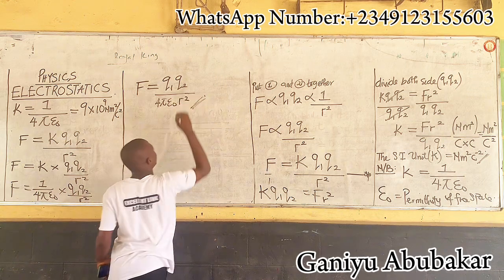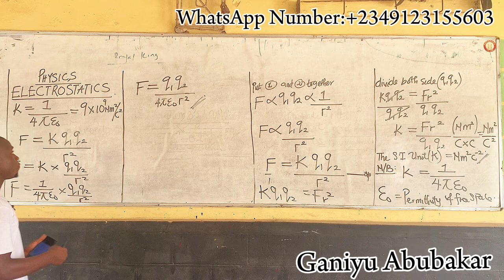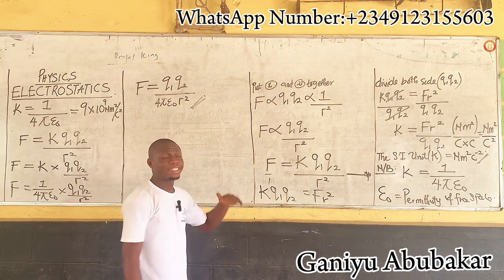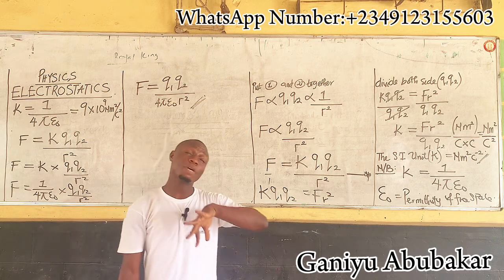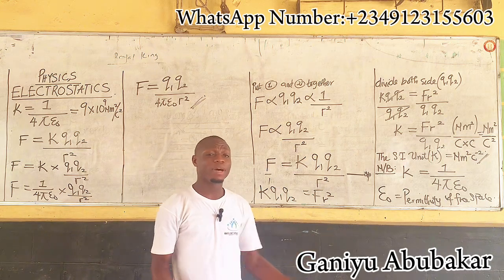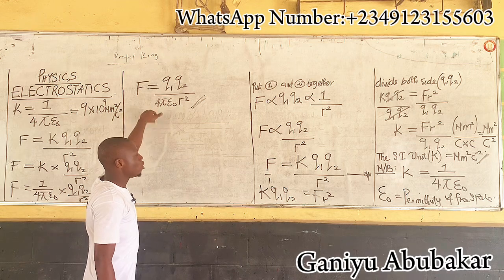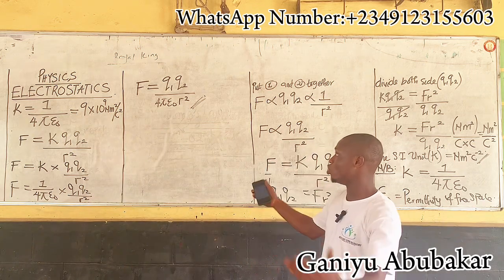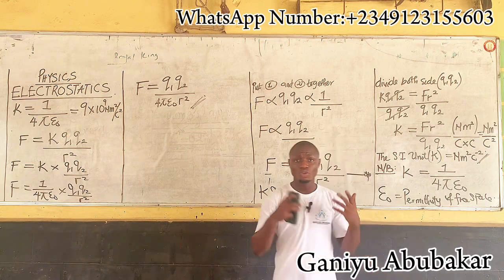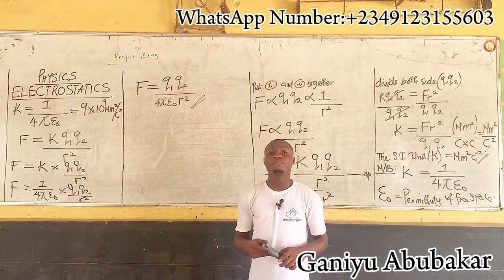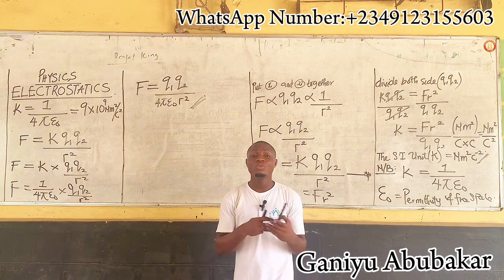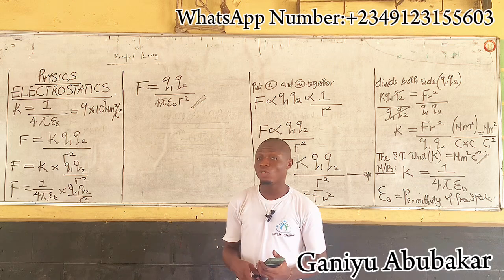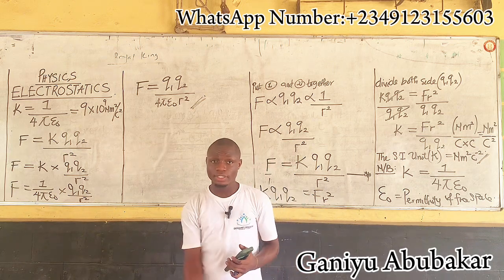So this is the mathematical expression for the force of attraction between two charges separated by the square of the distance apart. These are your expressions for Coulomb's law. This is what you need to know when it comes to Coulomb's law. Let's take some examples and solve together and look at how to handle problems when it comes to electrostatics.